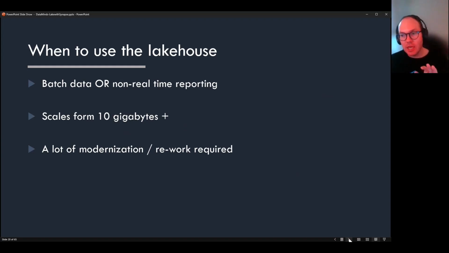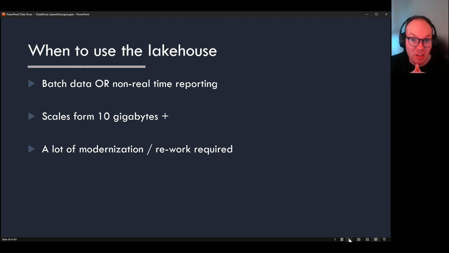I would say it scales from 10 gigabytes plus. So, I generally find that it works extremely well for even very small data sets, so long as you're making the sort of assumptions that you need to at a small data set.